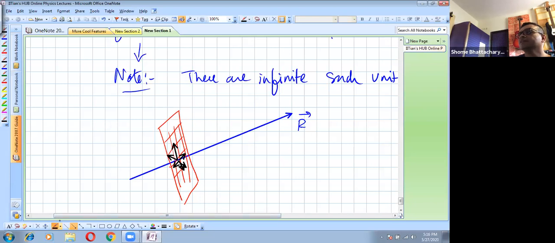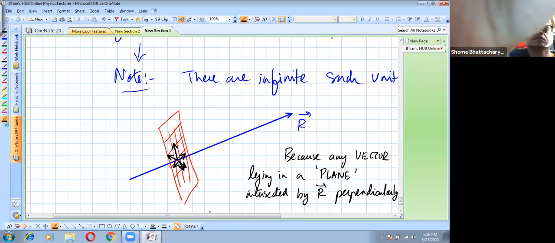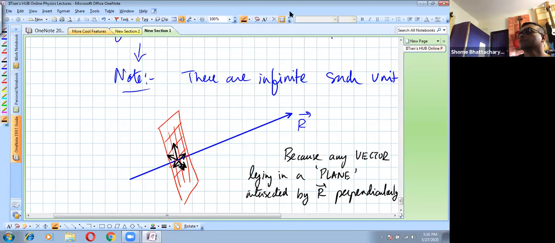So why are there infinite such vectors which are perpendicular to R in general? Because any vector lying in a plane intersected by R perpendicularly is like this. It is perpendicular. So this is the general problem.